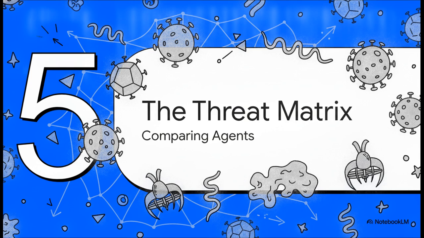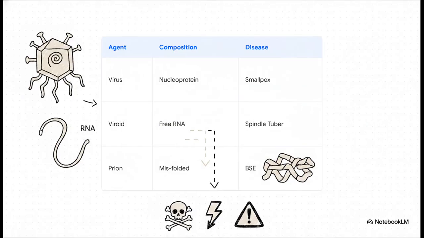The threat matrix. Let's pull all of this incredible information together to fully appreciate the scale of how these edge-of-life entities operate. Notice this kind of terrifying pattern of minimalism we've got going on here. We start with a virus, a nucleoprotein combining genetic material and a protein coat, capable of causing diseases like smallpox and influenza. Then, we strip away the protein to get the viroid, just free RNA causing diseases like potato spindle tuber.